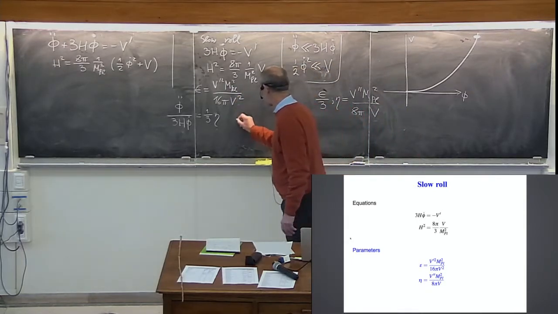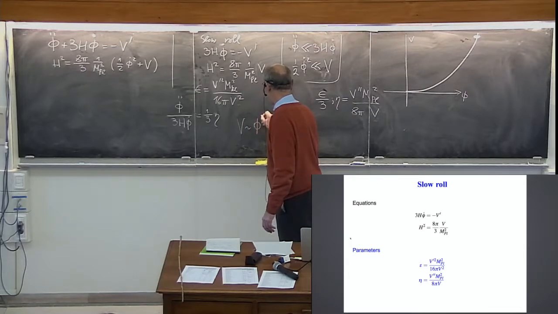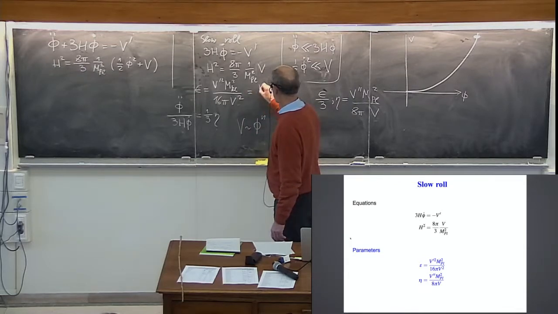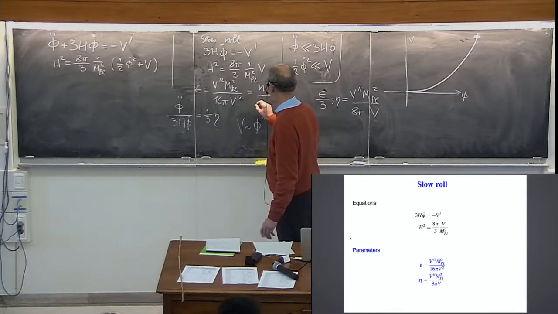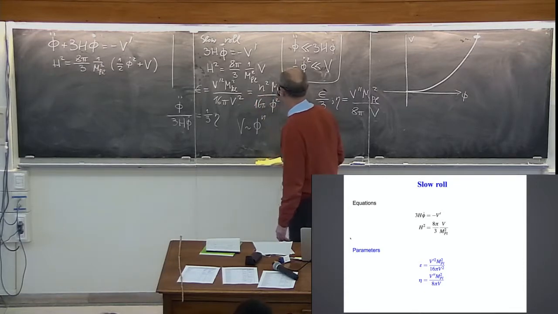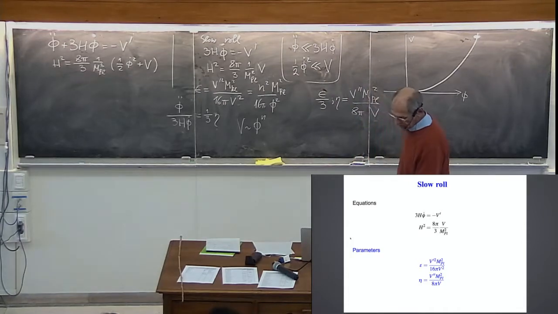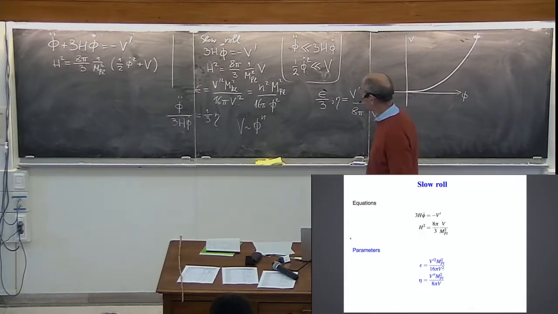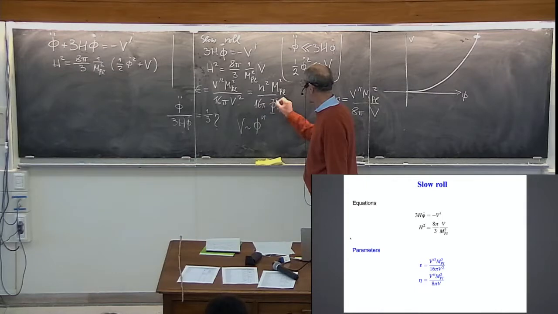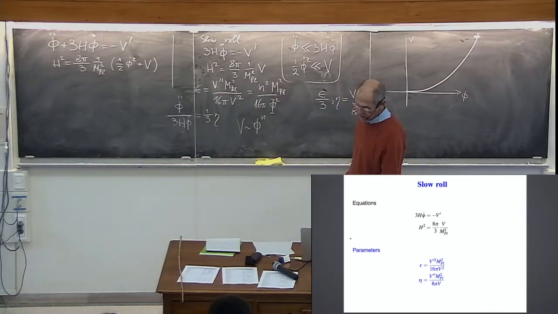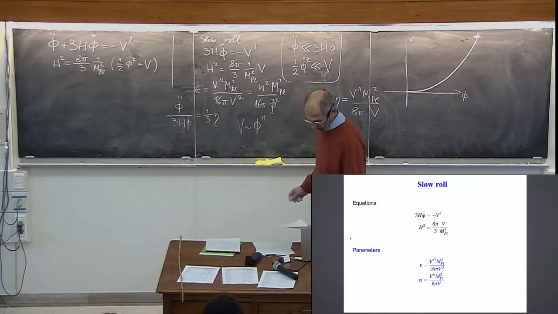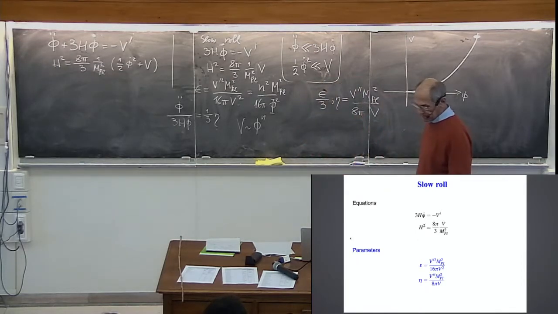So for potentials v of phi to the n, epsilon will be n squared m Planck squared over 16 pi phi squared, which means that epsilon is small provided that the field is super Planckian, that the field value is greater than the Planck value, which is a little bit troublesome.